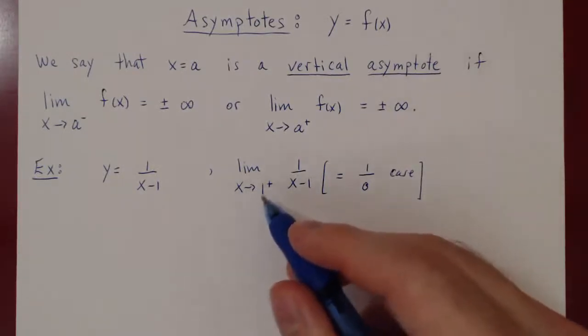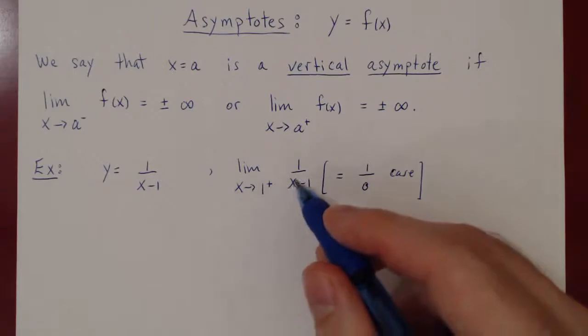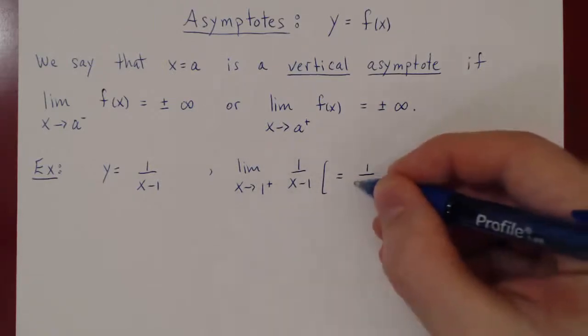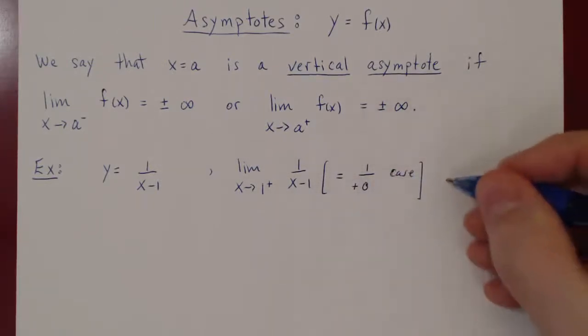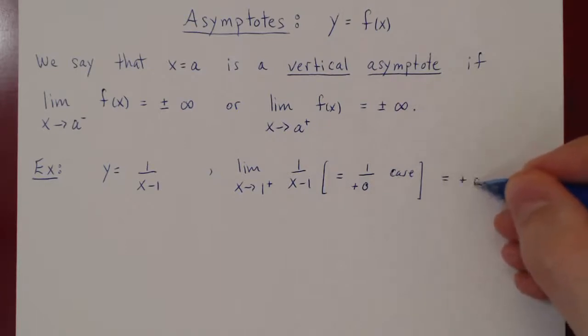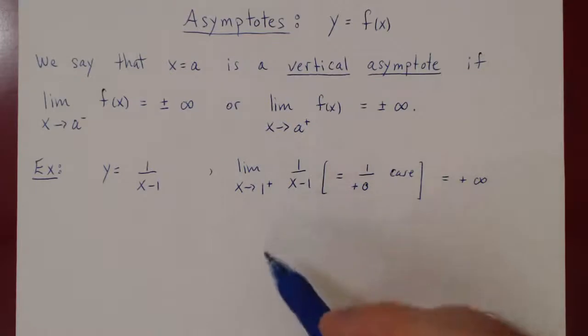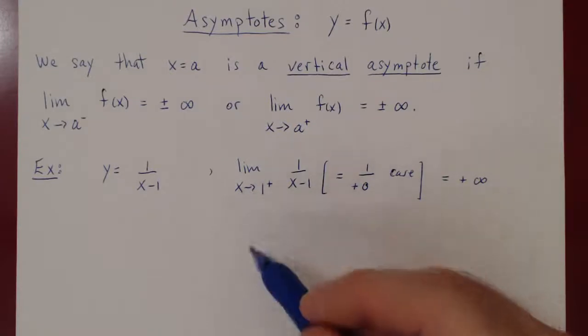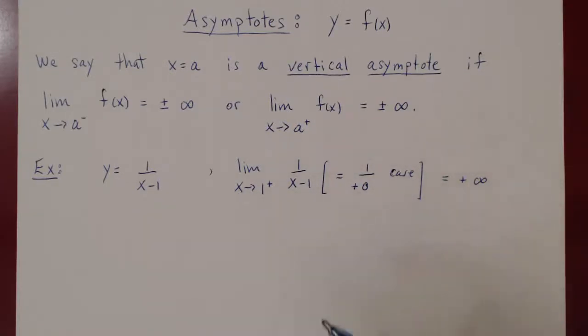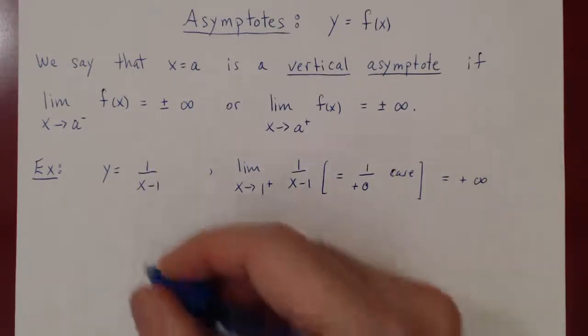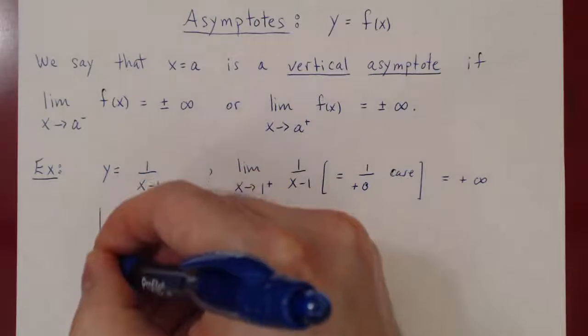Since x approaches 1 from the right, x is greater than 1, so x minus 1 will be positive. We have a 1 over positive 0 case, which gives us positive infinity. You can easily check that the limit of 1 over x minus 1 as x approaches 1 from the left gives you negative infinity. So if you were to sketch this function, you would get something that looks like this.